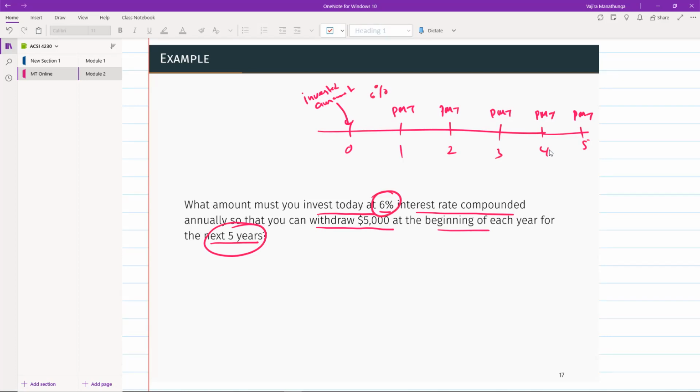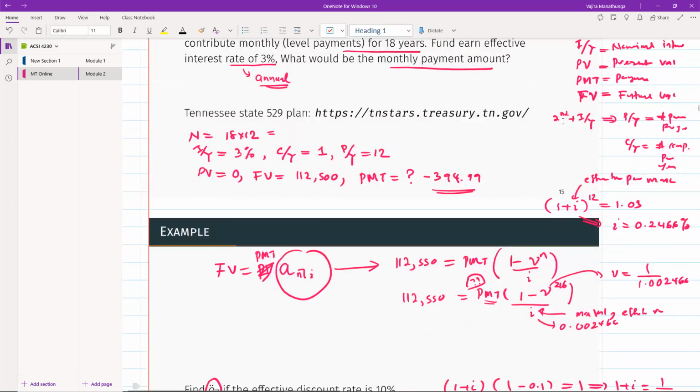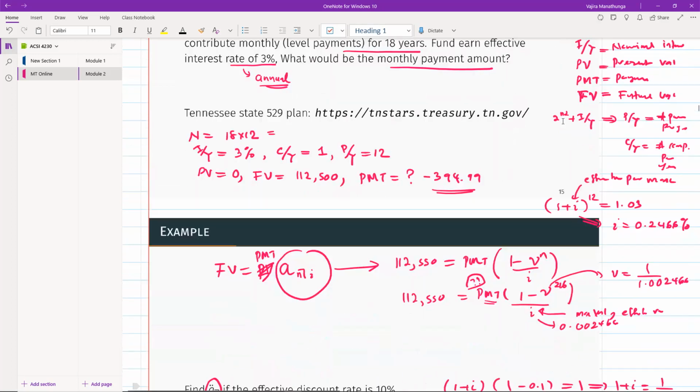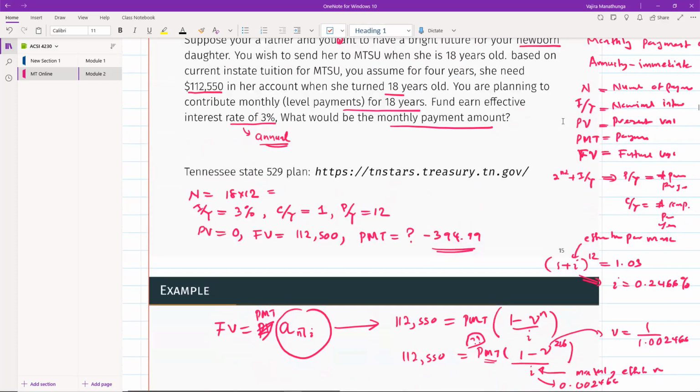Okay, so we can do the problem right away. I can write future value, not the future value, present value. Oh, by the way, in the previous problem, this one should be present value.